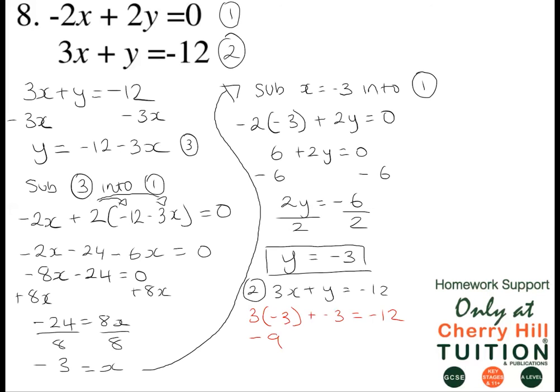Plus minus 3 leaves us with minus 3, should be equal to minus 12. And hopefully you will agree that minus 9 minus 3 is equal to minus 12. So it matches this equation as well. Okay? So again, pause this video and try the question again on your own to check if everything works out and you get the same answer.